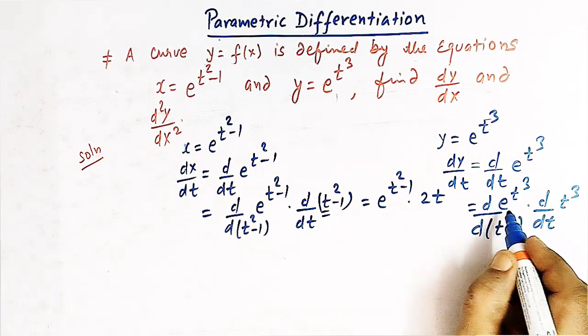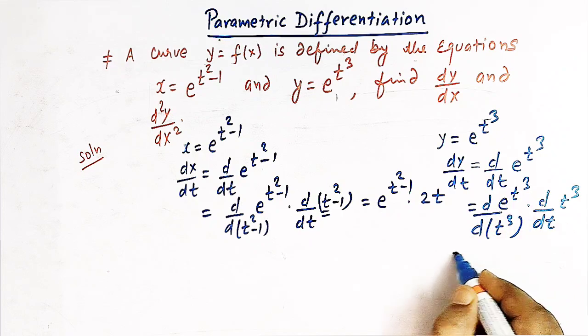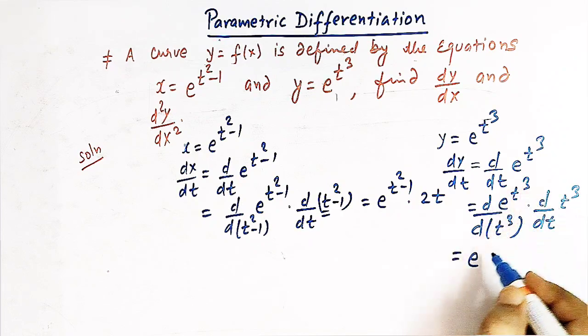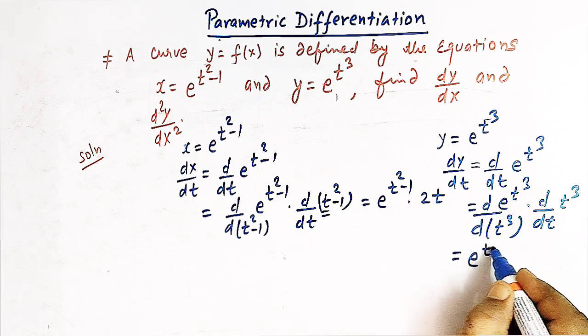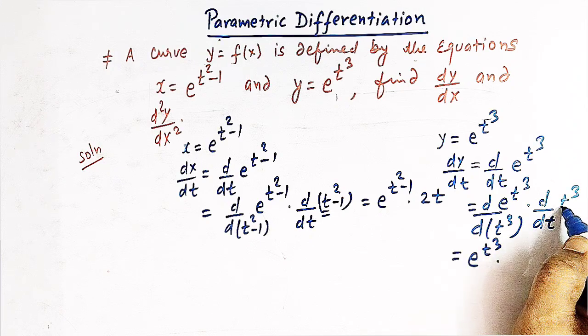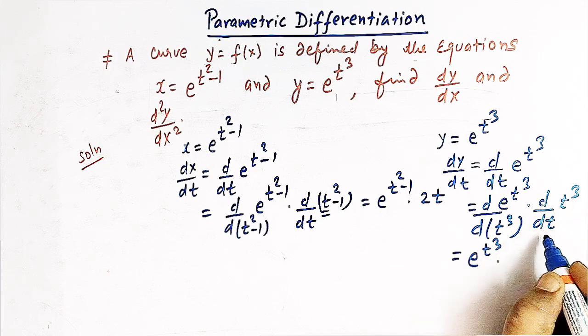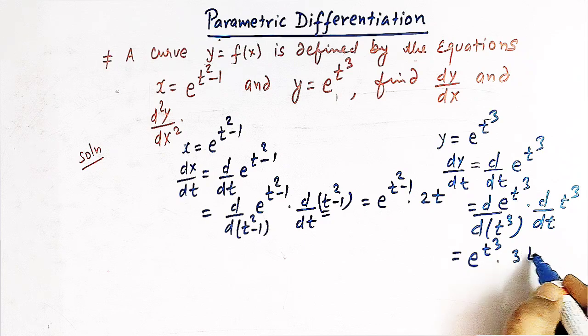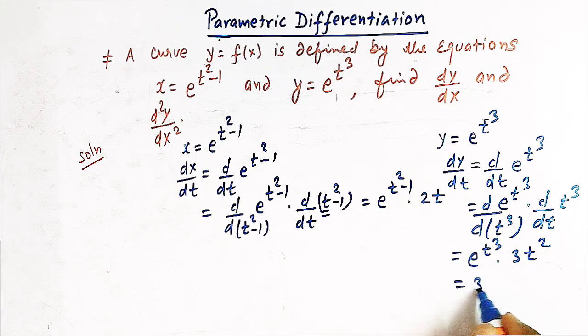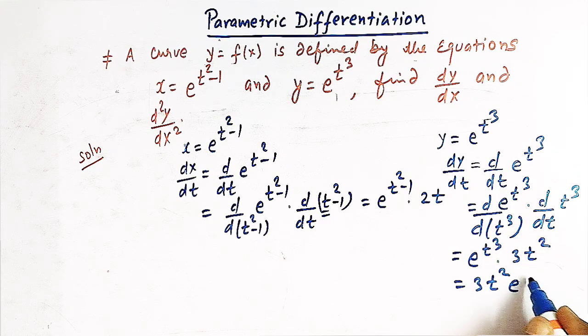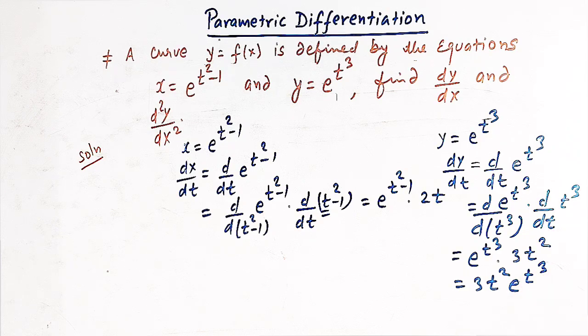Now the derivative of the exponential function is the function itself, that is e raised to t cube, and then the derivative of t cube with respect to t is 3t square. So we have 3t square e raised to t cube, right?